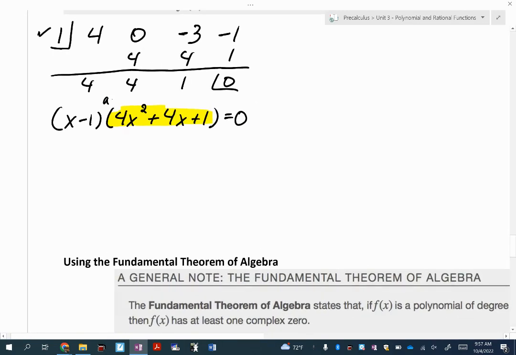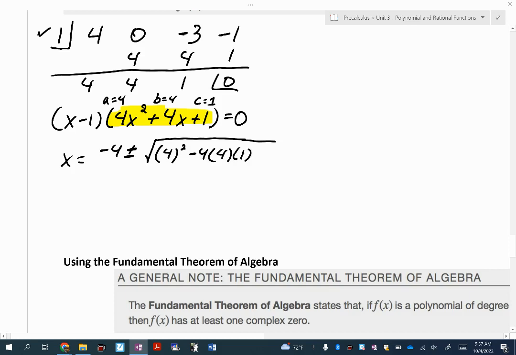So if a is 4, b is 4, and c is 1, I'm going to use the quadratic formula to find my other two zeros. The opposite of b is going to be negative 4 plus or minus the square root of b squared, which is 4 squared, minus 4 times a times c, all over 2 times a.